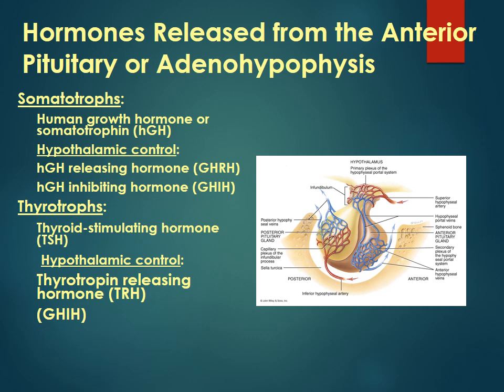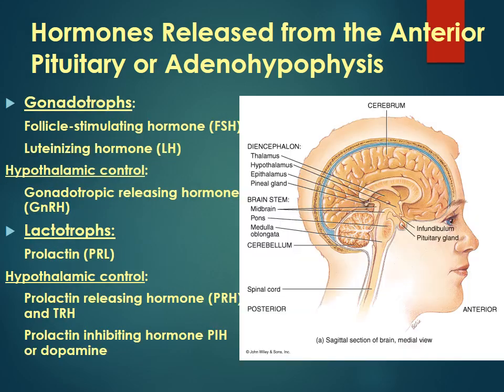Then hypothalamic control, thyrotropin releasing hormone, TRH. Then the gonadotrophs, follicle stimulating hormone, FSH, and luteinizing hormone, LH. Hypothalamic control, the gonadotropin releasing hormone, GnRH. Lactotrophs, prolactin, hypothalamic control, prolactin releasing hormone, PRH and TRH, and prolactin inhibiting hormone, PIH and dopamine.